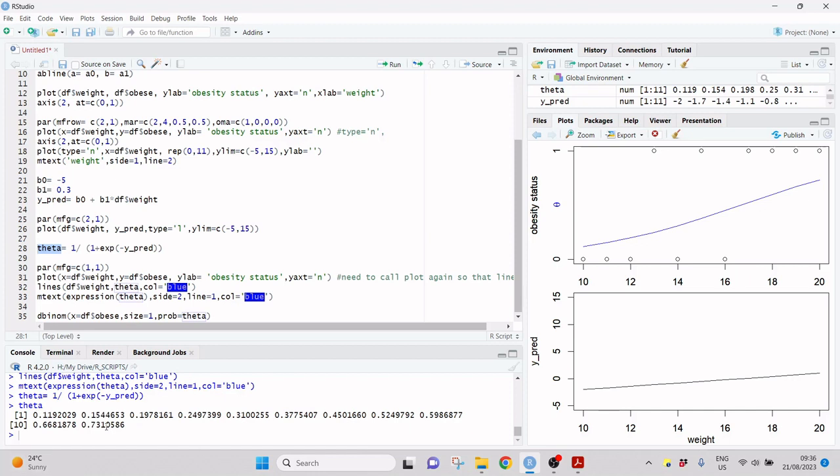So you can see vector of size 12. So now if we do this dbinom here, we will get a probability for each point given the corresponding coin bias that the line tells us.